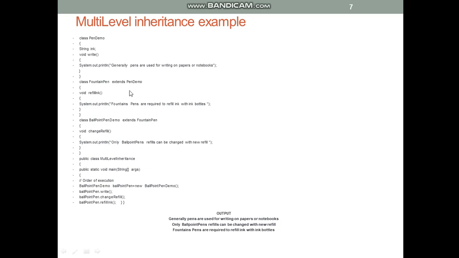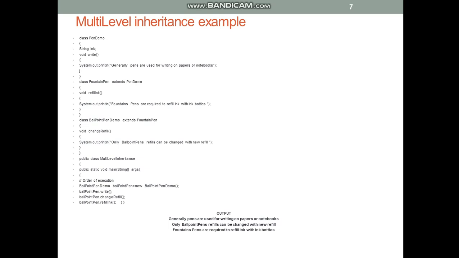Finally, we have declared a MultiLevelInheritance class to demonstrate multi-level inheritance, and from the C level class, the BallpointPen, we have created an instance and called the write method, changeRefill method, and refilling method. As I said, multi-level inheritance.